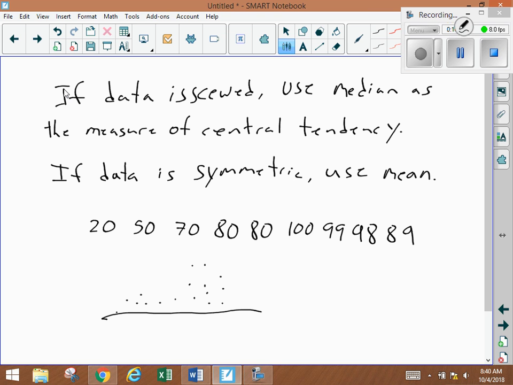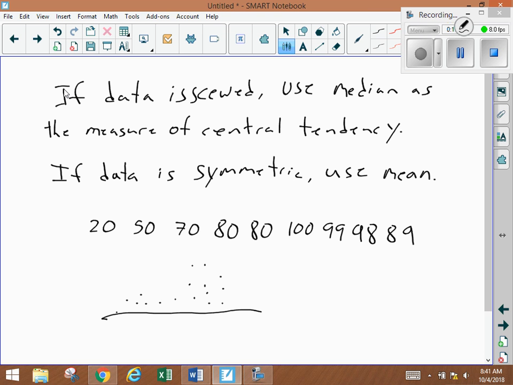I'll take skew left and skew right, and that's a better way to talk about it. If you're going to be taking like the X-ray exam, they wouldn't use positive, they would use skew. So we'll stick to the more standard things. Your book occasionally uses some terms that are not terms you would use in upper level statistics.